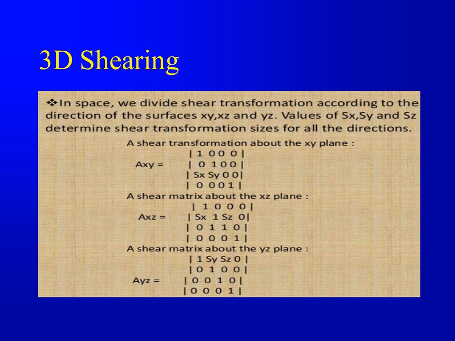Okay, and for the sharing matrix about the yz plane, that is 1 sy sz 0, 0 1 0 0, 0 1 0 0, 0 0 0 1. Okay, if you see properly, the diagonal 1 1 is written.